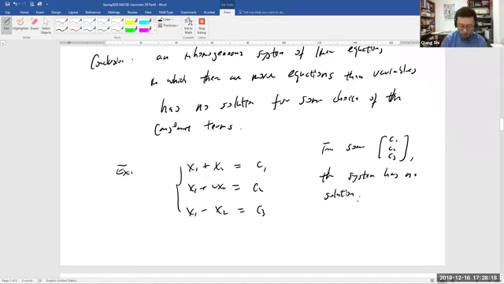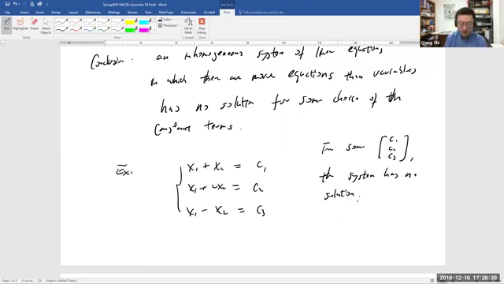For instance, if you put c1, c2, c3 equal to, I think, 1, 3, 0, then actually there is a solution, because if you take x1 and x2 equal to 1, you can make the first equation work.